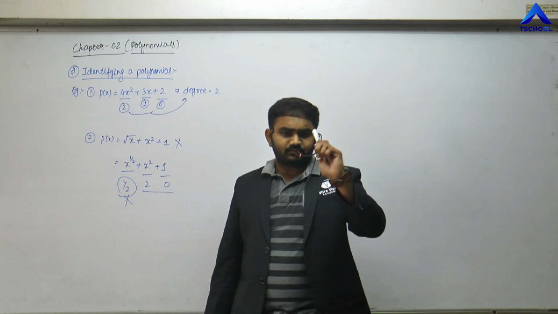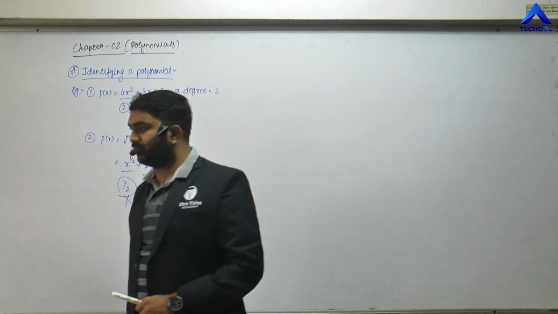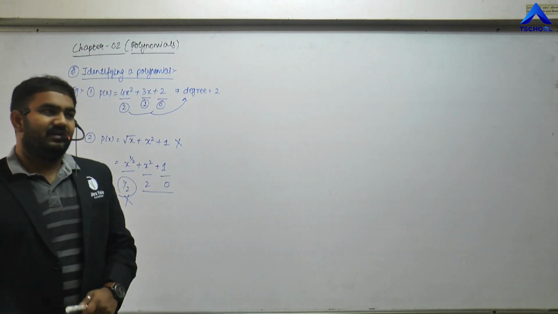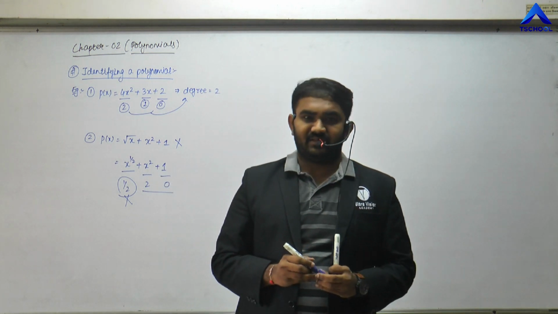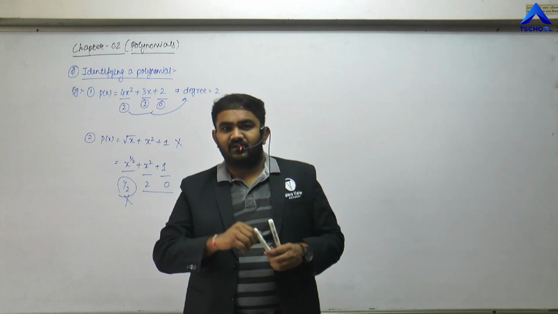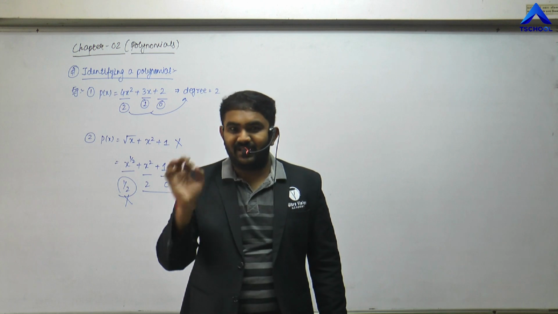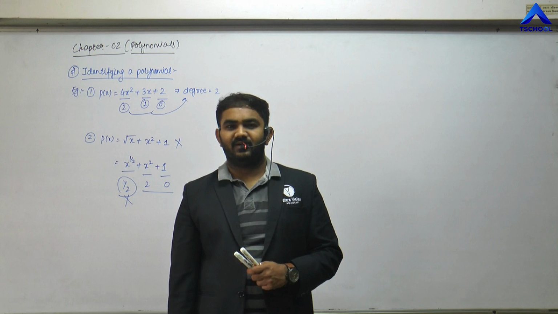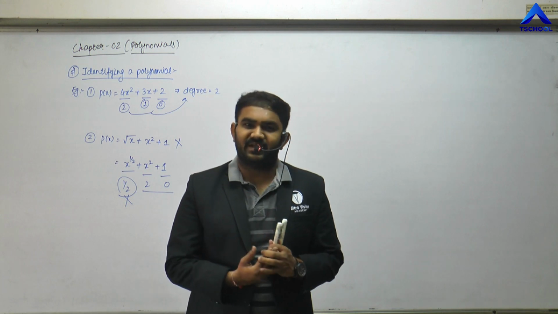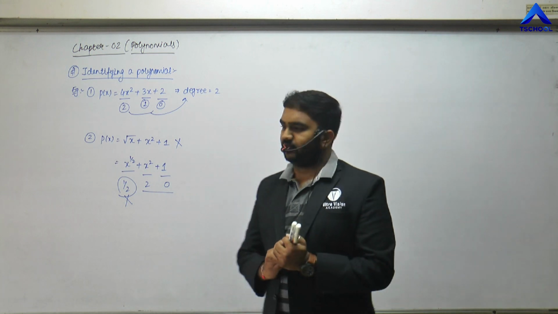Is it clear? So friends, you might come to a conclusion that whenever there is a variable with a power other than a whole number, then that will not go in the category of a polynomial, or that does not satisfy the condition of a polynomial.